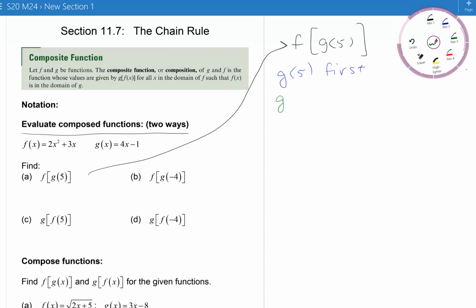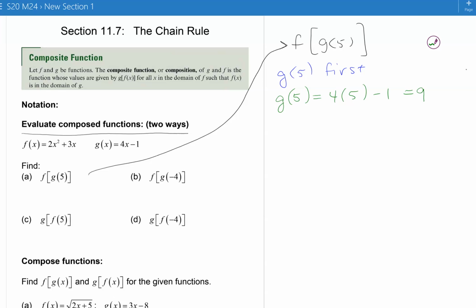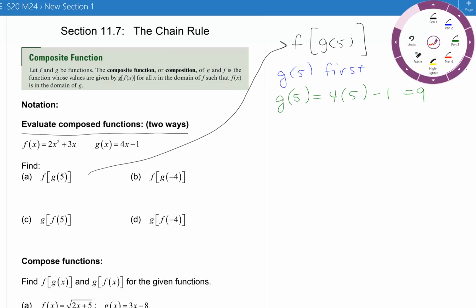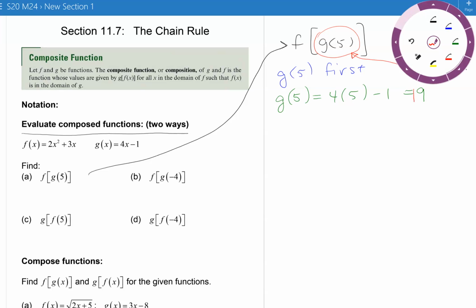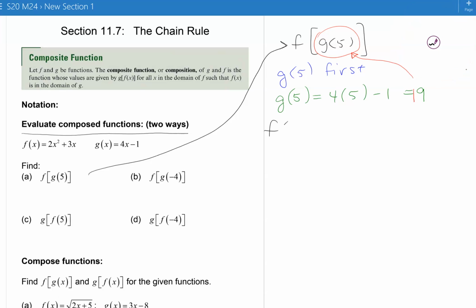That means plug in 5 everywhere you see an x in the g function, and you're going to get 19. Then this notation says now put the 19 that you got into the f function. So you want f of 19.